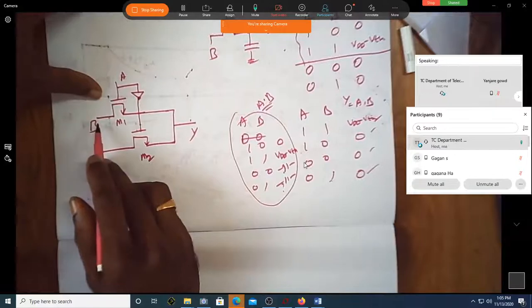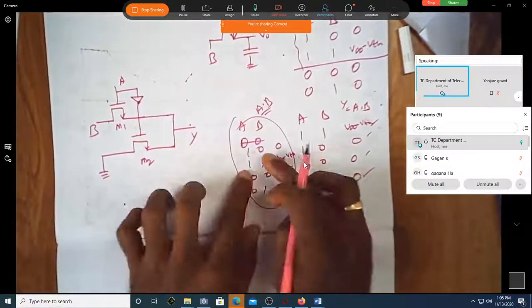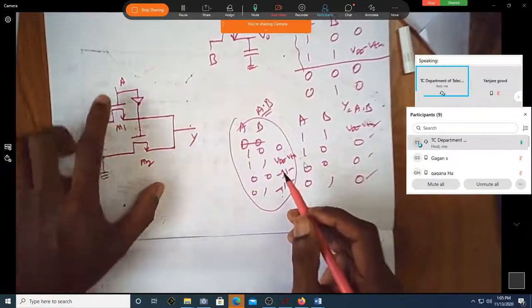Now let us take this. Let us take, because this is anyhow even with 1 is working. So let us take this combination, 0 1. Okay, if it is 1, this is on, correct?